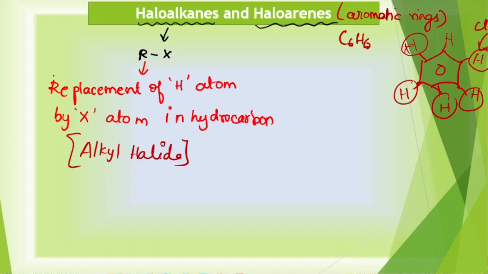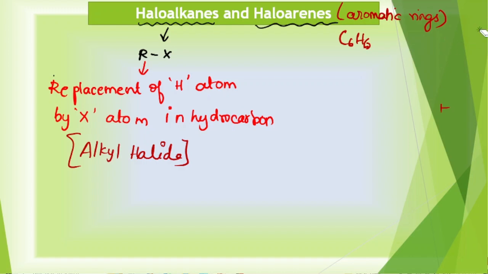So how can you simply write the haloarenes? You can write the haloarenes as a benzene ring with X attached. The X can be chlorine, bromine or iodine.